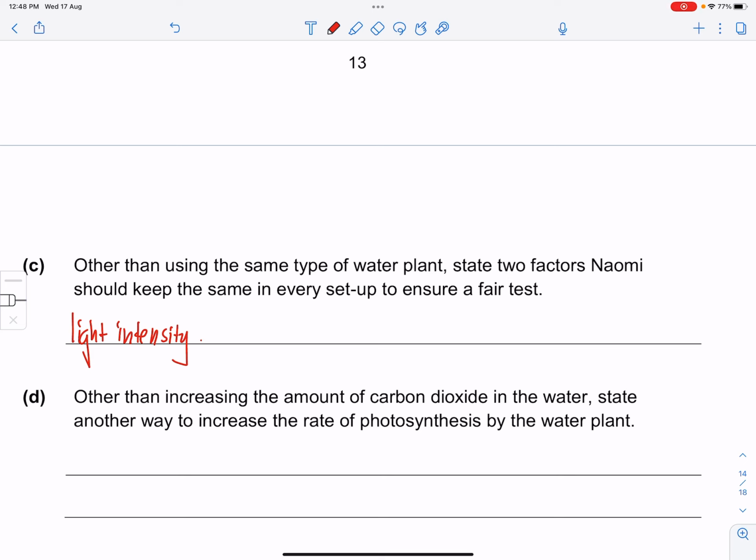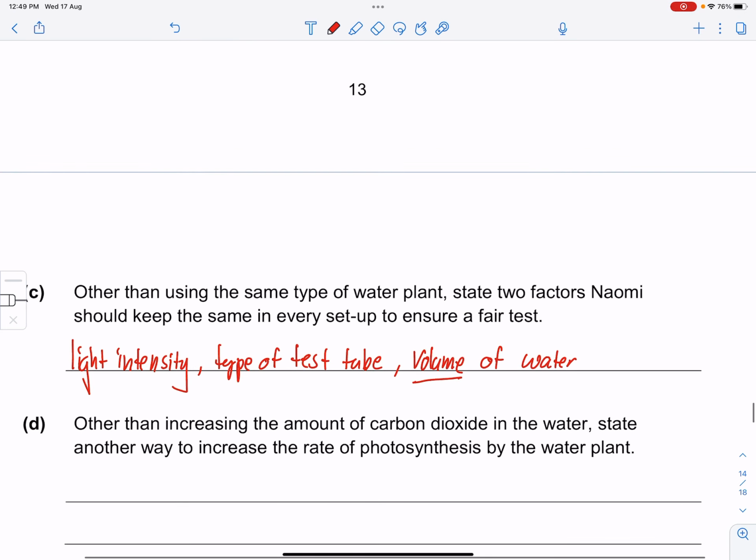So light intensity, and the same type of test tube, I will accept. Volume of water. Look at the quantifying term that I'm using. Volume of water. Please don't tell me amount of water. We need to step away from using such general terms. You can even say temperature of water. That's fine. But have a quantifying term.